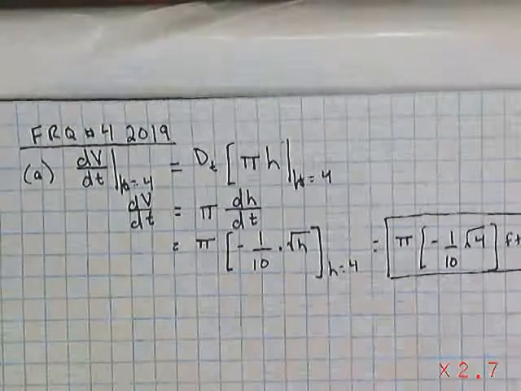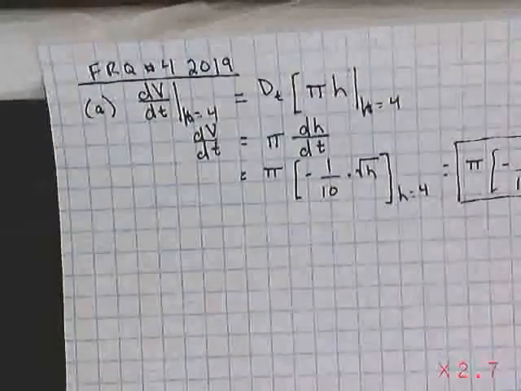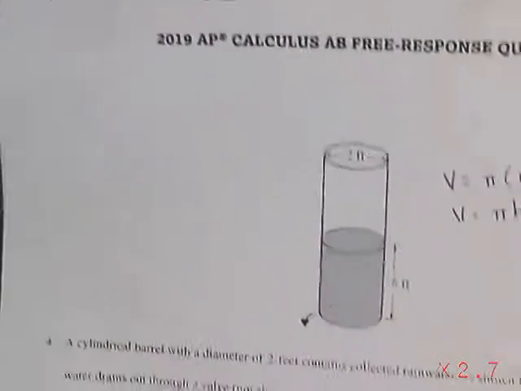And I guess if we want to be really precise, we will write a quick conclusion. Every time you're not sure how to write a conclusion, go to the problem. Copy the language.